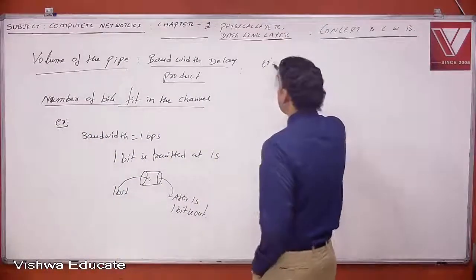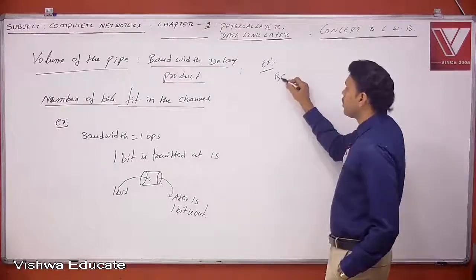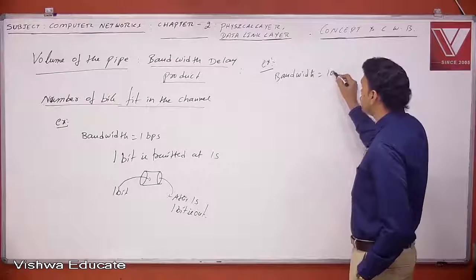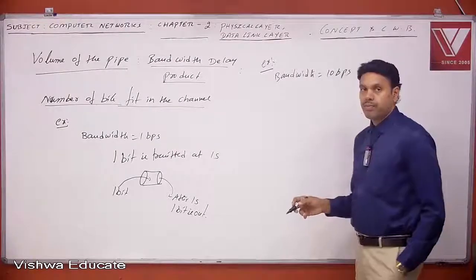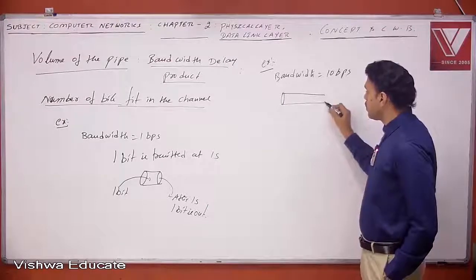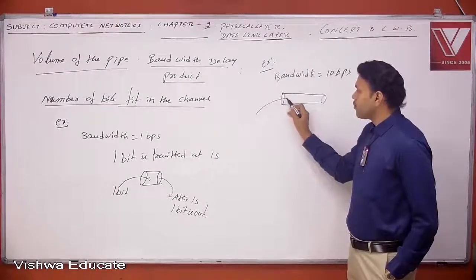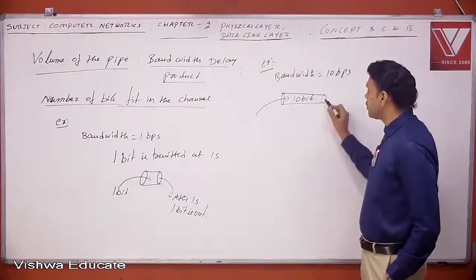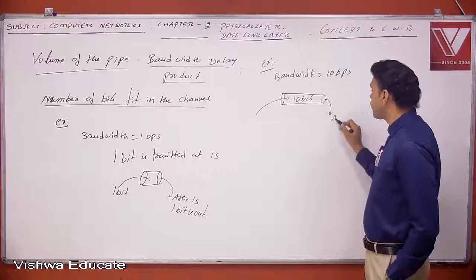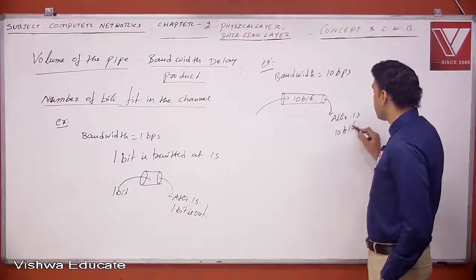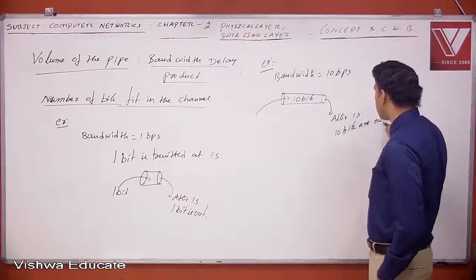If I say, for example, bandwidth is equal to 10 bits per second, which means per second I can inject how many bits? 10 bits. Therefore, after 1 second, 10 bits are out.